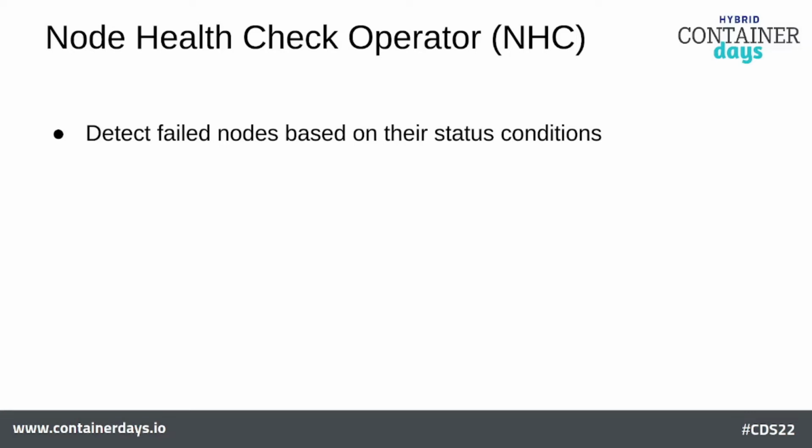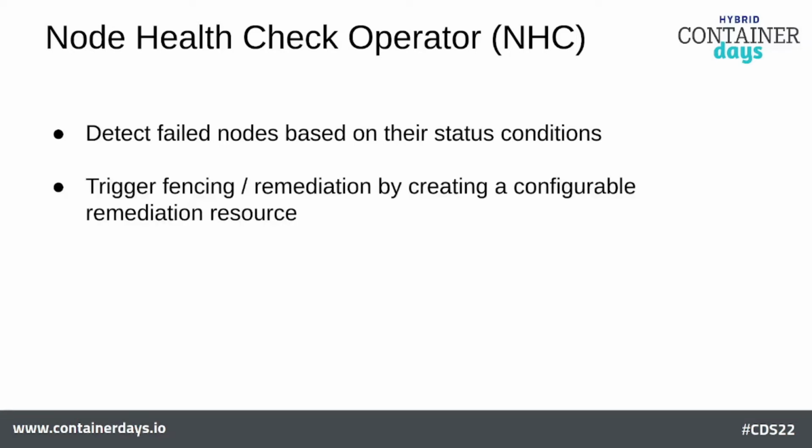When this happens, the node health check operator will create a remediation custom resource. The health check configuration contains a template for this remediation resource, so basically it can be anything. This way we have a kind of plugin system. By default, the health check is configured to create a remediation resource which is owned by the Selfnode remediation operator.